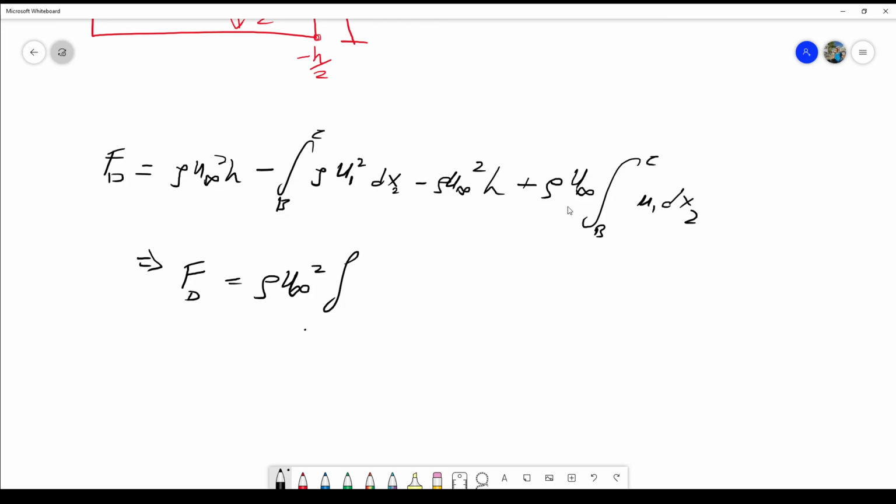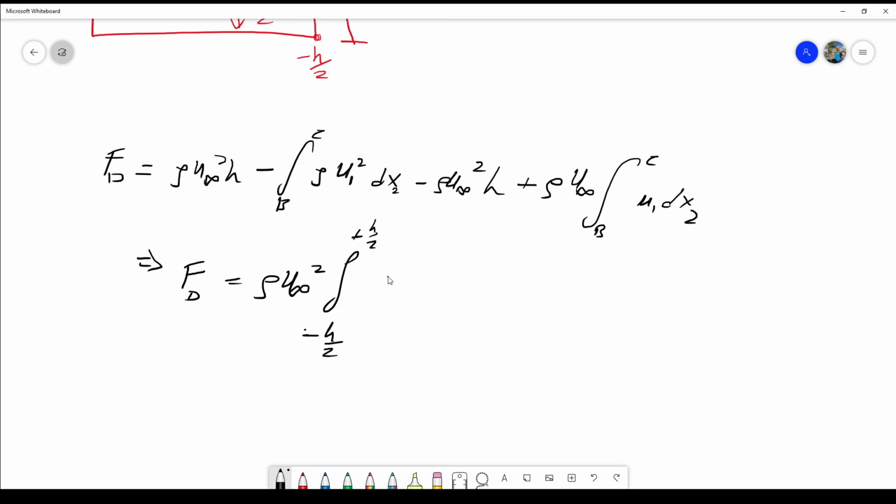If we solve this equation, we can further simplify it for the drag force, which is equal to rho u squared, and then we integrate the whole equation from the floor to the ceiling of our control volume, from negative h over 2 to positive h over 2.